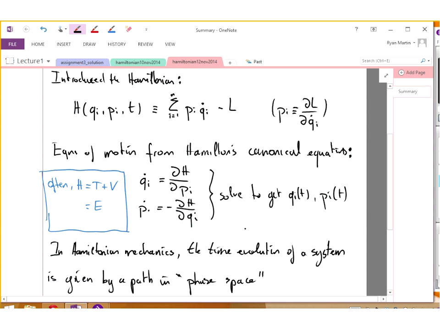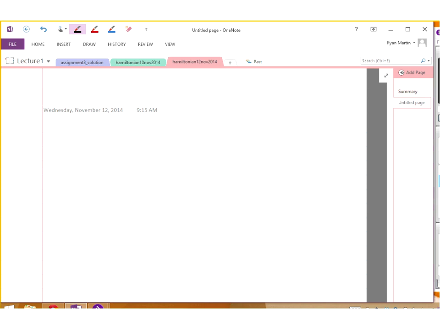We showed that dH by dt is equal to ∂H by ∂t. So that's key, right? That means if the Hamiltonian doesn't depend explicitly on time, although it clearly depends implicitly on time, it's actually conserved. Of course, that's the whole reason for doing this Hamiltonian mechanics. Okay, any more questions about that?